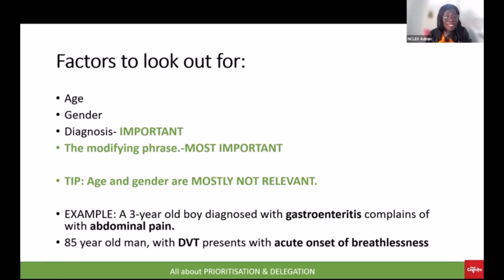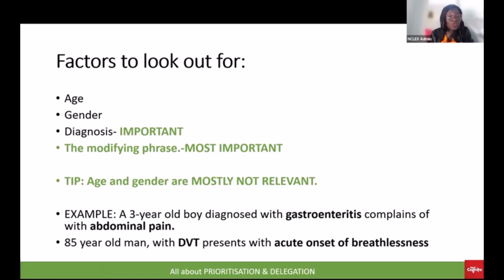So in your prioritization, you are not going to say, I'm going to see the 3-year-old boy because of the age, I have to save the child first. This is an old man. No. Look at the diagnosis, DVT, and look at the modifying phrase, which is acute onset of breathlessness.